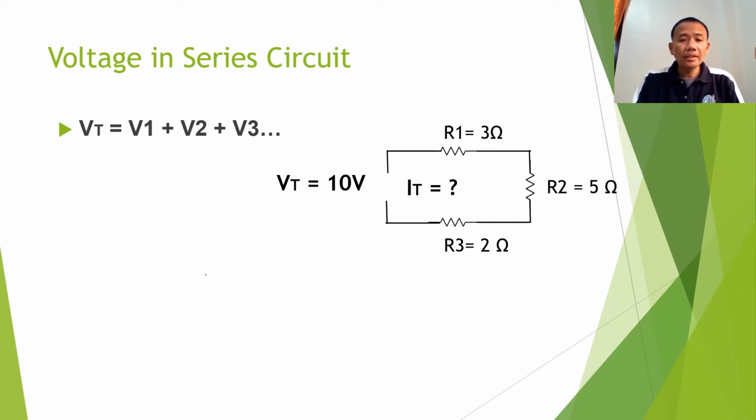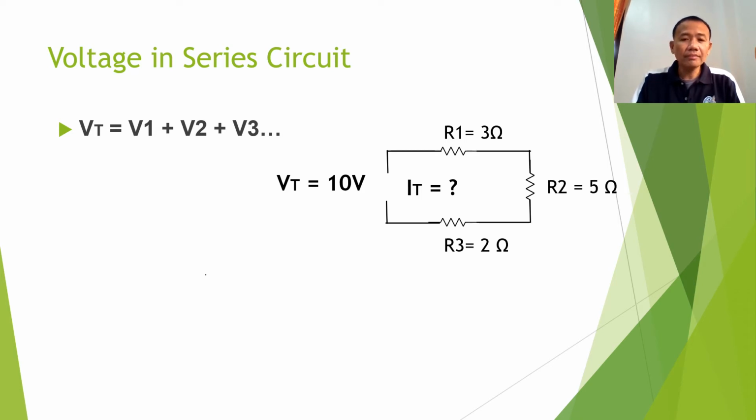Since total current is missing, we can use the formula in Ohm's law, wherein we can use the total resistance and the total voltage to compute for the total current.